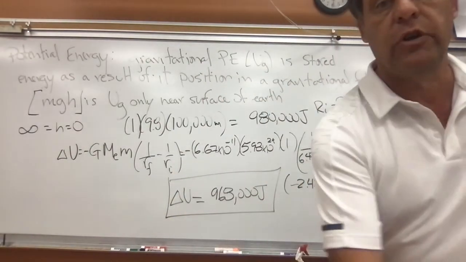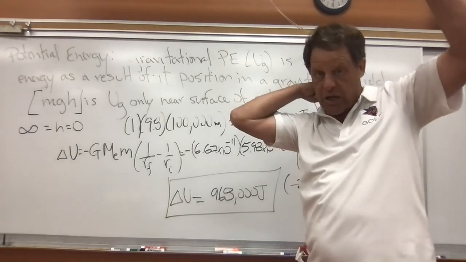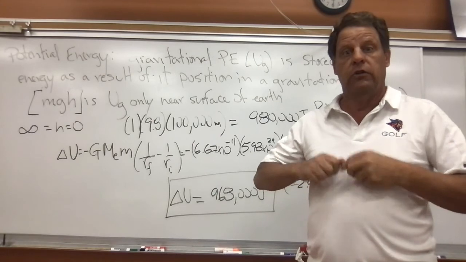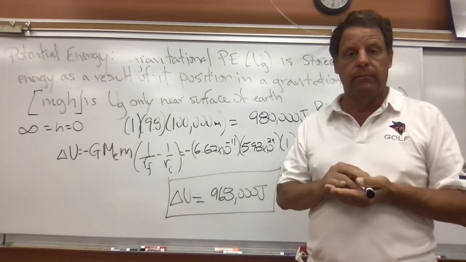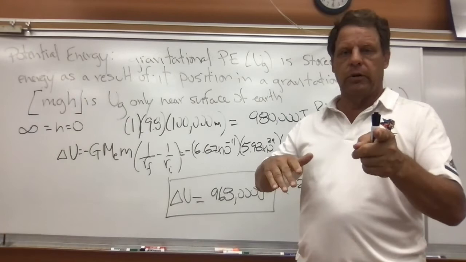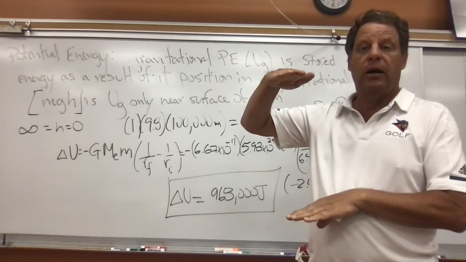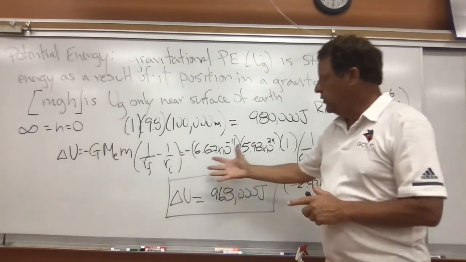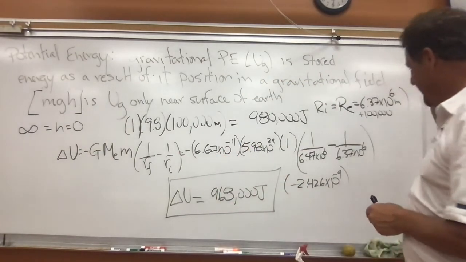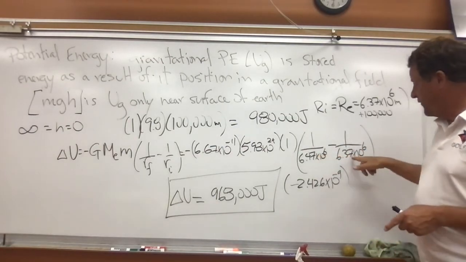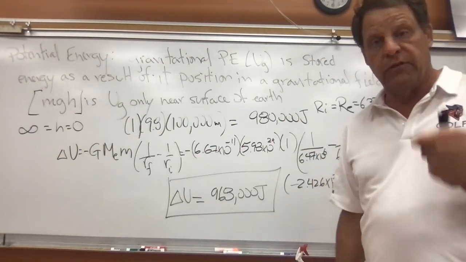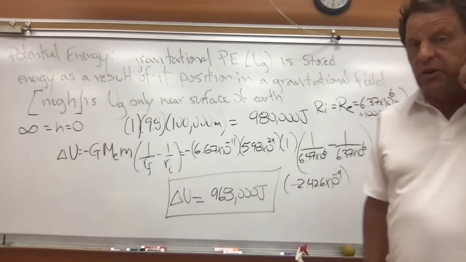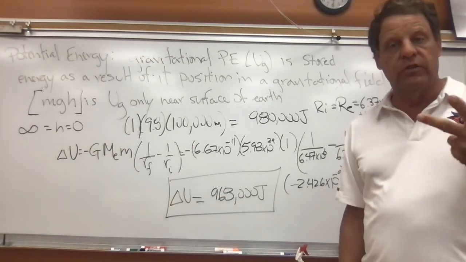The change in potential energy between the surface of the Earth and a location where the geosynchronous orbit would be, that's going to be the question of the day. We're only going 100 kilometers higher. So you're going to use the same method here, except your final is going to be the surface of the Earth, and your initial is going to be your location for a geosynchronous orbit.